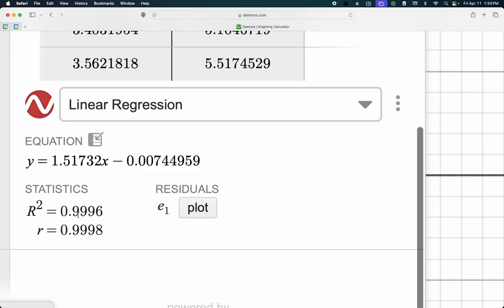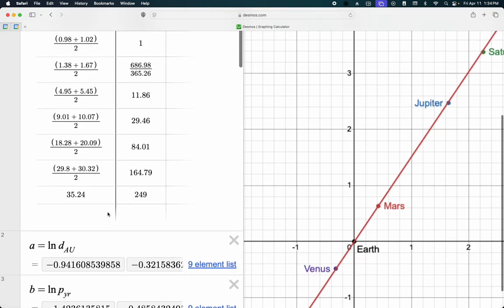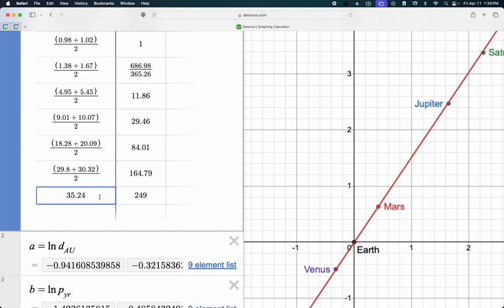So r squared is 0.9996, r is 0.9998. But let's get rid of the data for Pluto. Let's get rid of this whole row. It would be very, very close to 1.